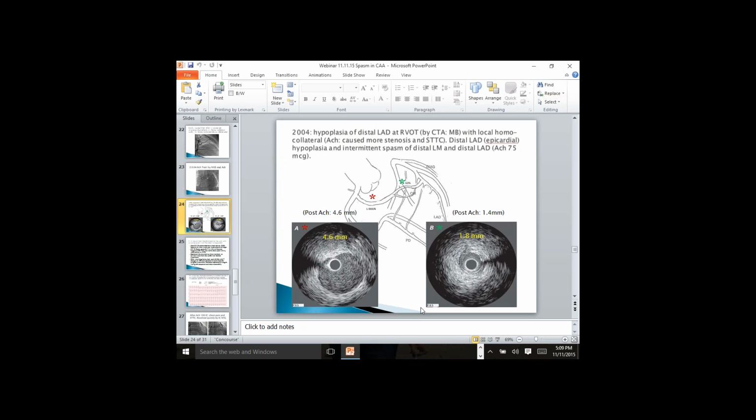Let's see, I was going to make another comment about something we've been looking at lately, Paulo. On some echoes we can't see the origin of the coronaries in adults, and on some MRIs, unless you have a navigator for breath timing, you also have trouble seeing the main left.